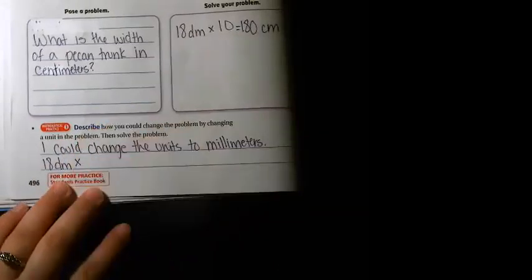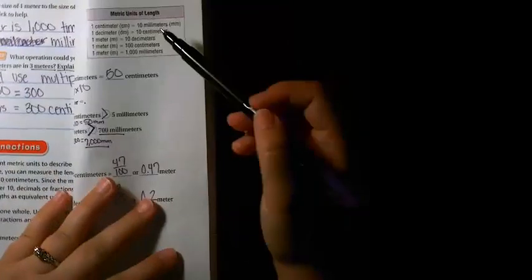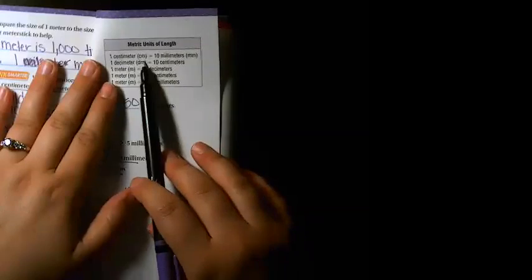Now to figure out how much I need to multiply by, I can go back to my little chart here. I know that there are 10 centimeters in a decimeter, and then there are 10 millimeters per 1 centimeter. So I would do 10 times my 10 centimeters to get 100.